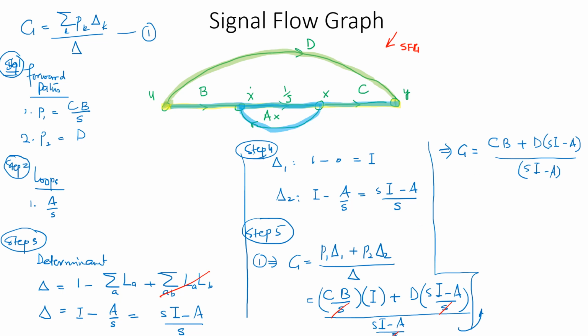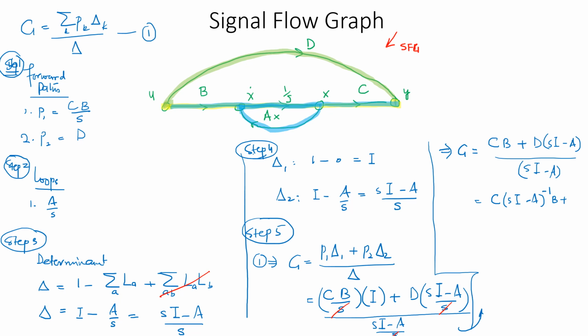So I'm going to take a liberty now, and I'm going to bring this upwards because this is a matrix in the denominator. So I can have C, then you have Si minus A taken inverse of, added in it, and then multiply that with B, and then you have plus D Si minus A multiplied with Si minus A inverse.